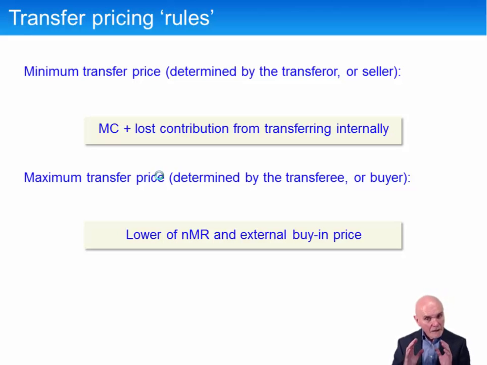But don't worry too much about the rules. Understand the logic and the reasoning behind it. What you should be determining in all transfer pricing questions is what is best for the group, and then you have to offer both the buyer and the seller transfer prices which make them volunteer to do what you want.